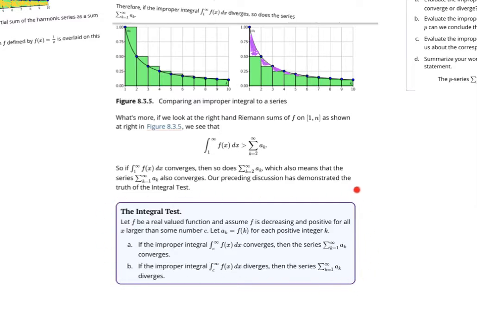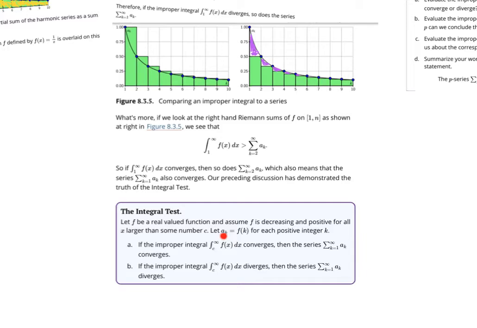So to sum it up, the integral test tells us. Now at this point, before I talk about what the integral test says, it's important to notice you're not going to have to actually do this part anymore. This is to give you an idea of why it's true. The integral test itself is saying, let's say you have a real valued function f that's decreasing and positive for all x larger than some number c. We don't care what happens before this number c, as long as eventually when you go out forever and ever, it's decreasing and positive.